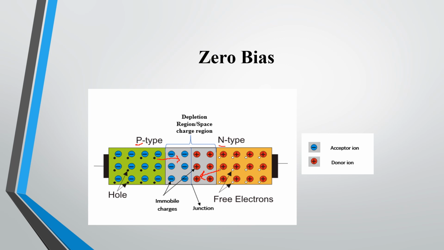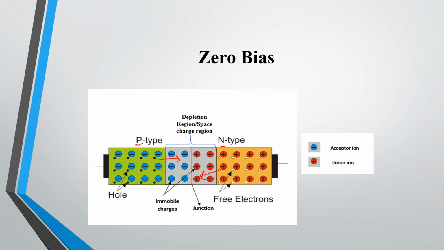So when the diffusion of electrons and holes takes place, holes and electrons recombine and uncover bound charges. So a layer of positive fixed charges is formed on the n side, and a layer of fixed negative charges is formed on the p side.